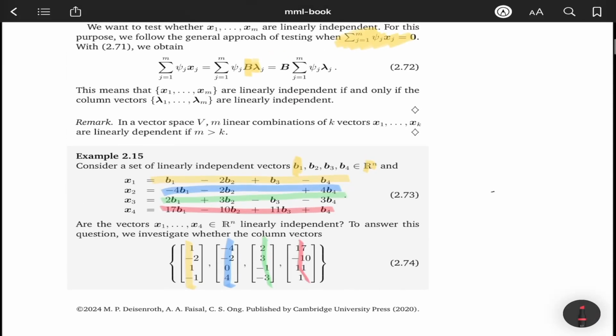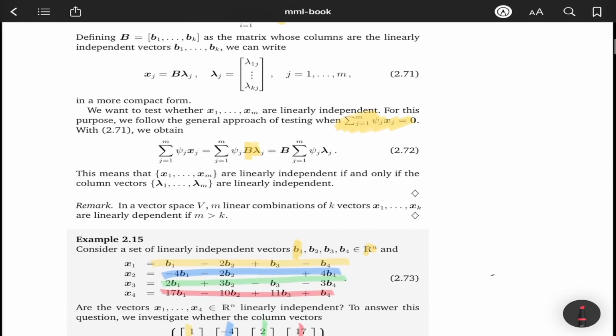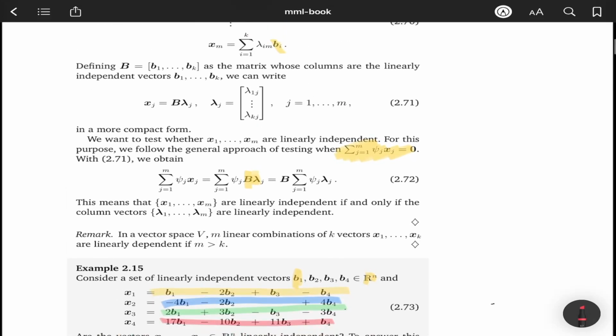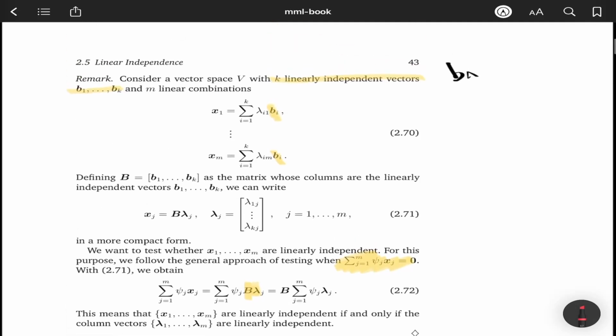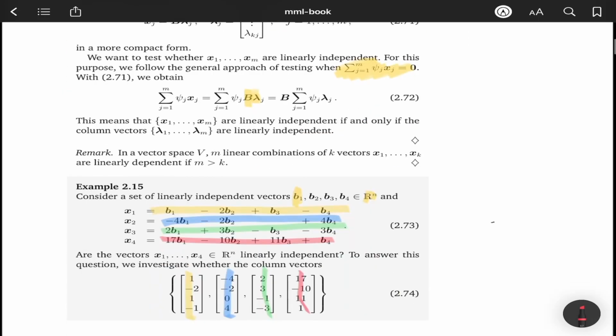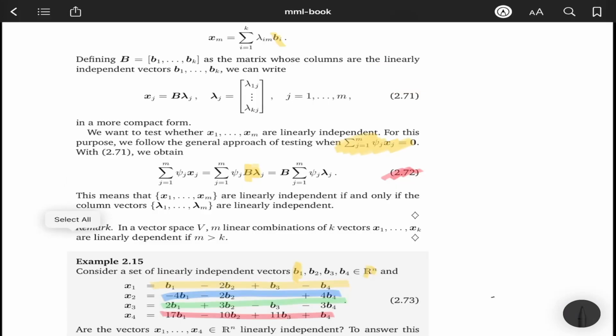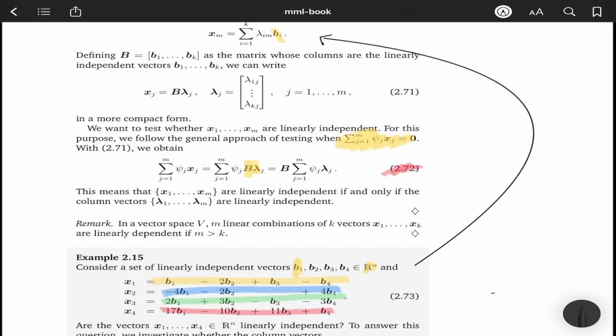Yellow in this case is, if we take the example from here, I think only this part is important. So we have our b's like here, and they construct our x values. And we have the same question, right? Here.